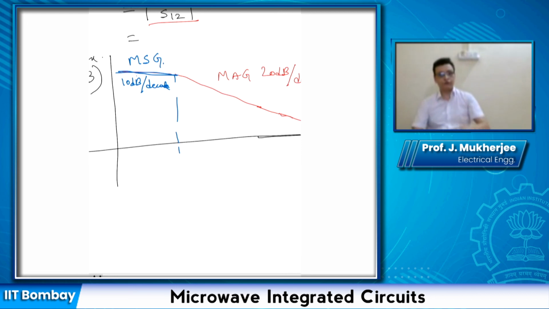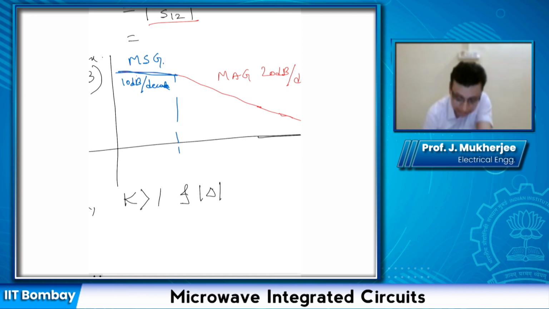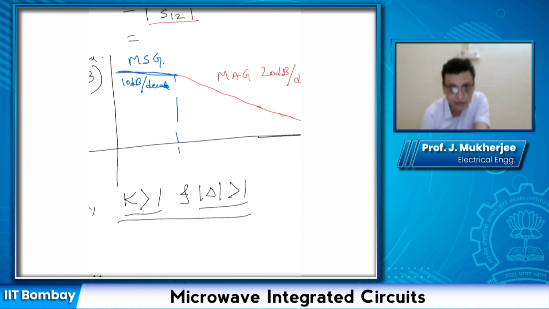Now, even though for the potentially unstable case we cannot define anything called the maximum gain, for one particular case, when k is greater than 1 and mod delta is greater than 1, this also represents a potentially unstable case, because even though k is greater than 1, mod delta is also greater than 1.